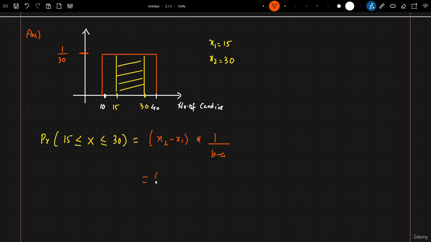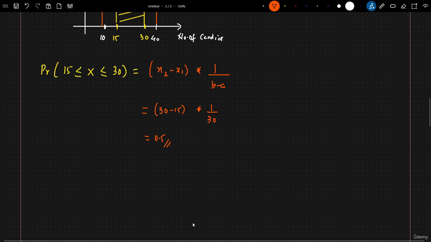So it is 30 minus 15 multiplied by 1 by 30, which is 0.5. So the probability of daily sales between 15 and 30 is somewhere around 0.5. This is how we do the calculation.